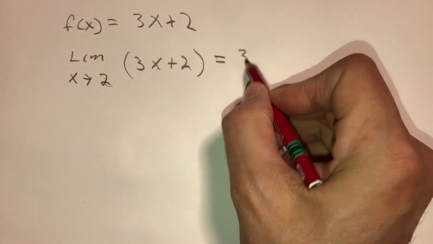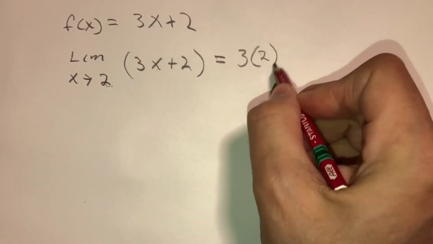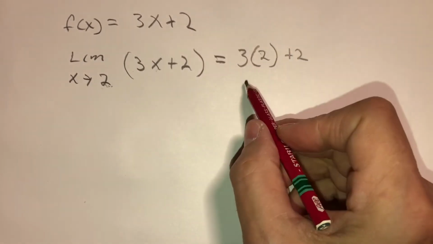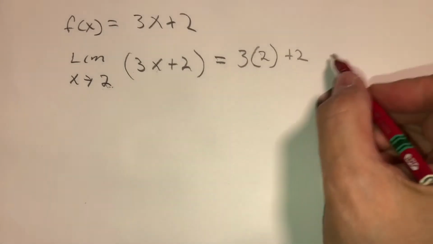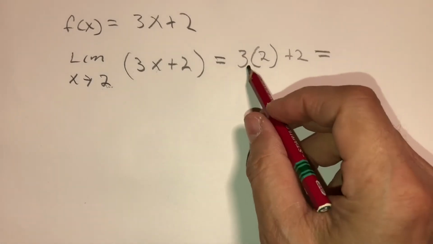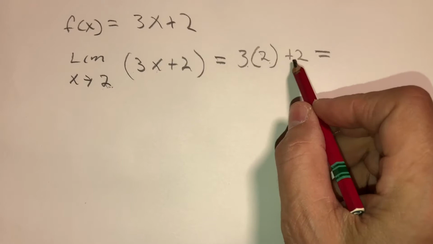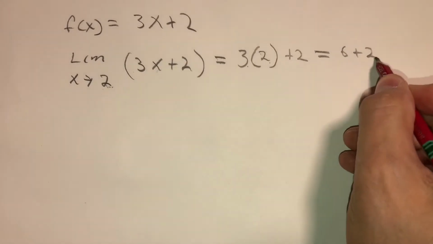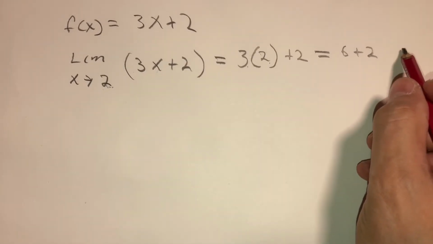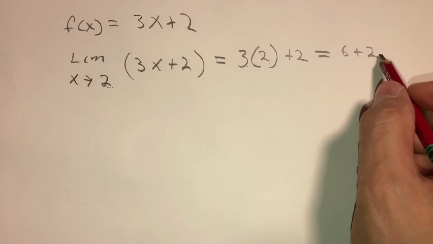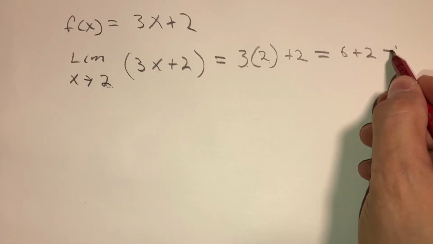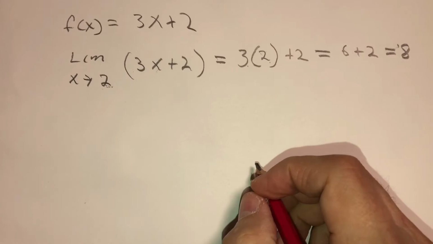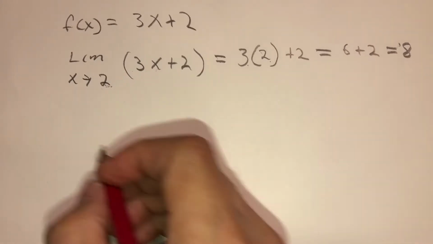So we're just going to plug the 2 in. And when we do that, we get 6 plus 2, and that becomes 8. Okay, so that's pretty straightforward.